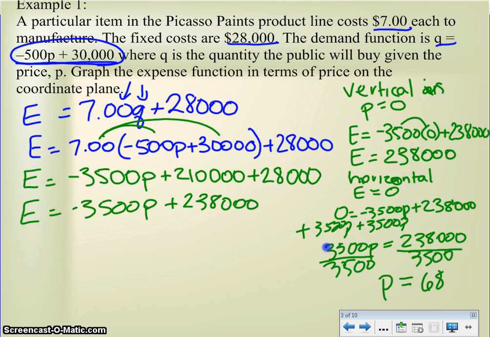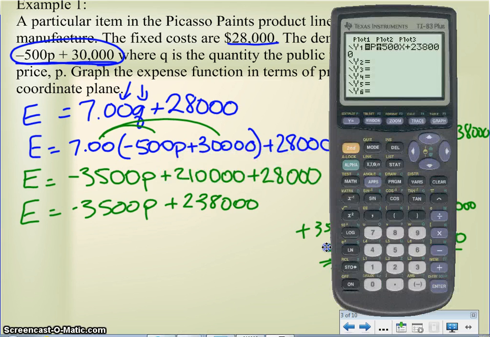So now let's look at the graph of this. I've put the equation in already, and it looks like it messed up just a little bit, so let me fix that. Let me clear it and we'll put it in again.